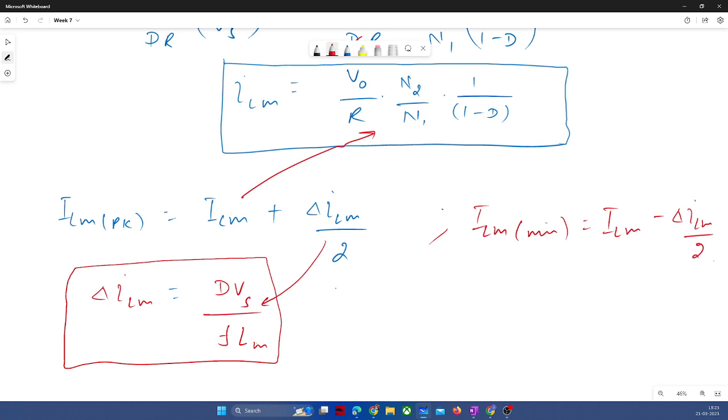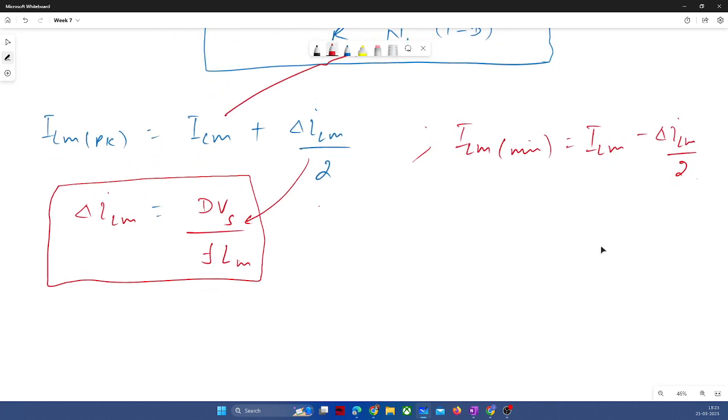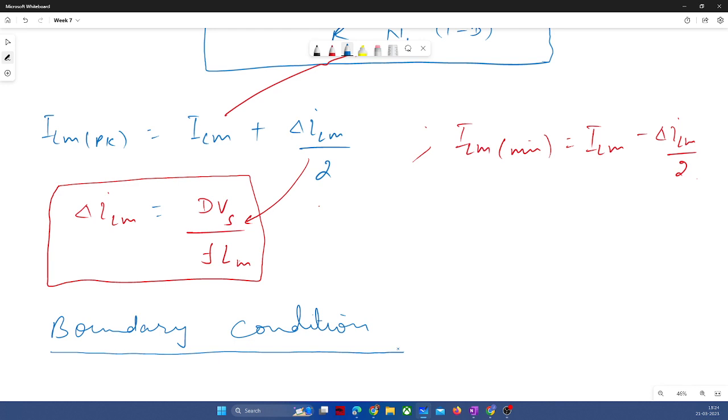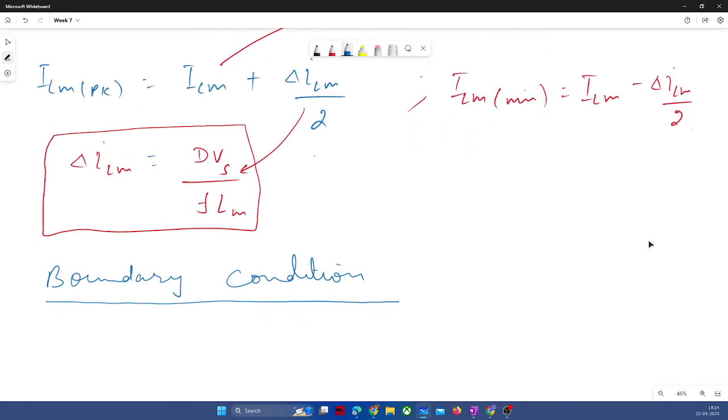So this we computed, and now to identify the boundary condition when things will be just continuous, what do we do for the boundary condition? In the inductor, we will equate this minimum current to zero, right?